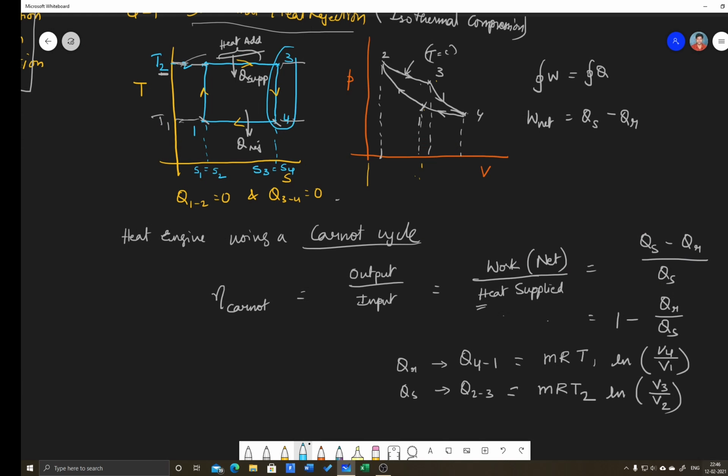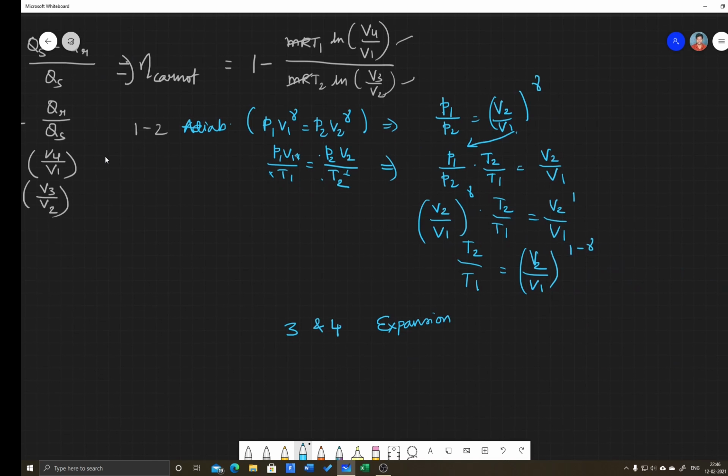This is also an adiabatic process. If you write similarly for 3 and 4, it will become T4 by T3 equal to V4 by V3 whole power 1 minus gamma.